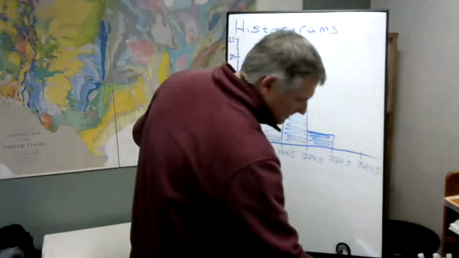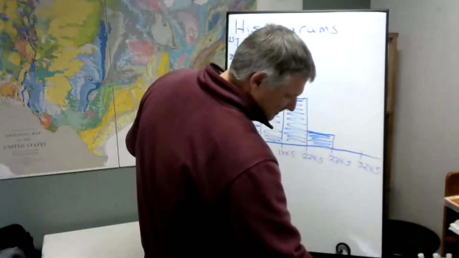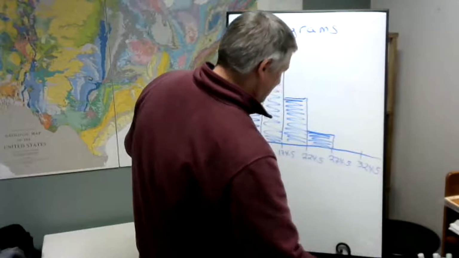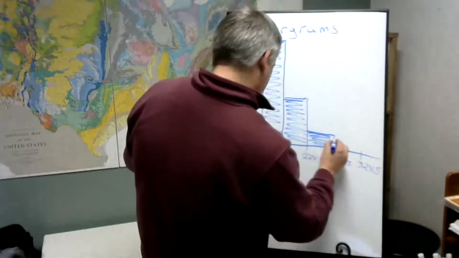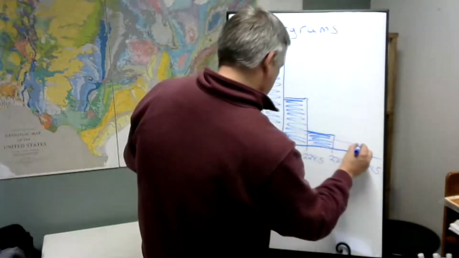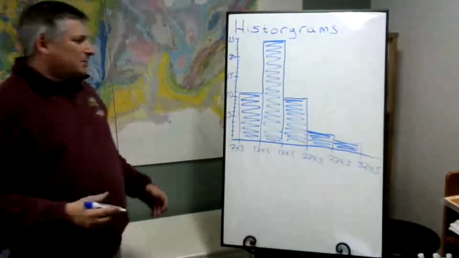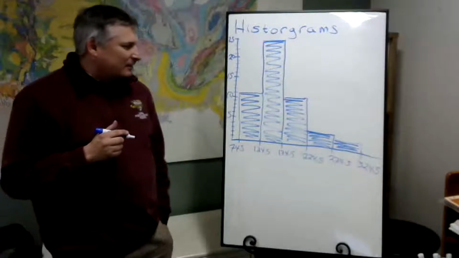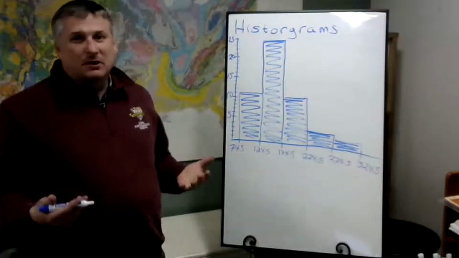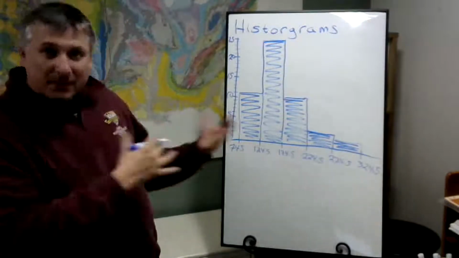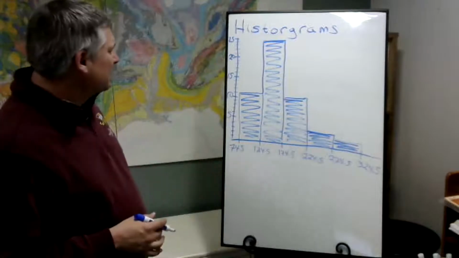Let's see, am I missing one? 10, 3, and then 2. There we go. So there's our histogram, and we can see what's going on. There's a picture of what the data is doing.